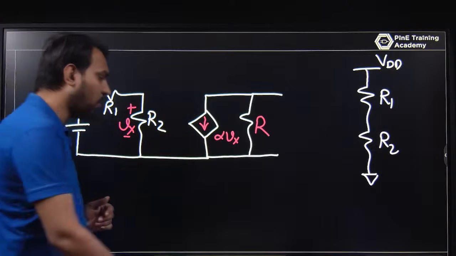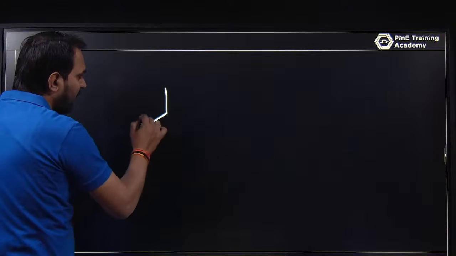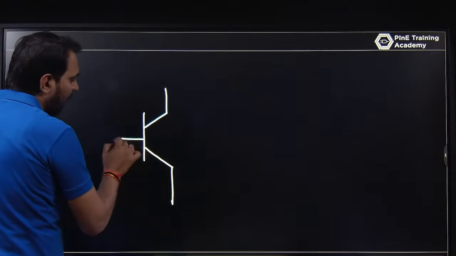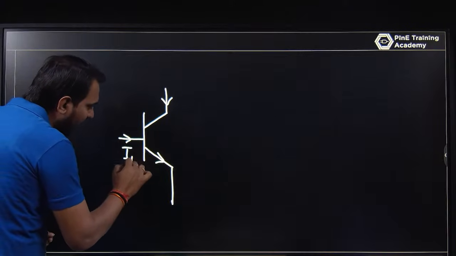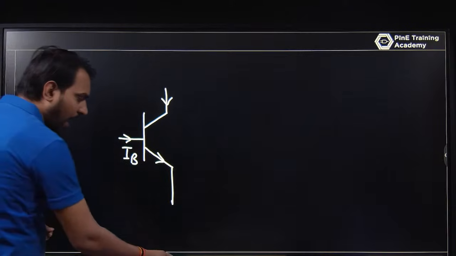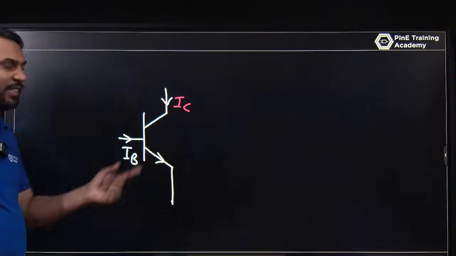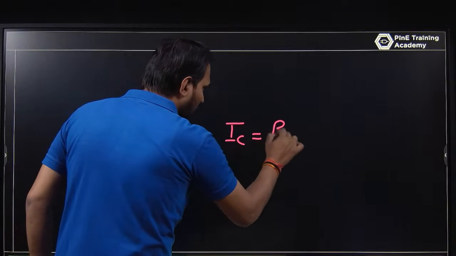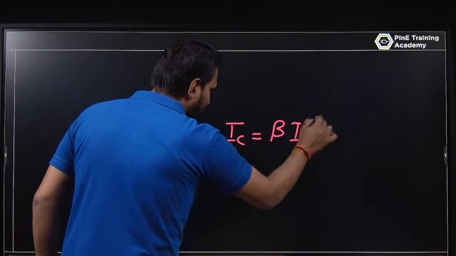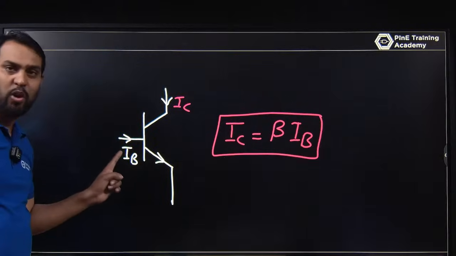Just like this, you can understand the BJT. In a BJT you have the base current IB, and you have IC. This IC is a representation: IC equals beta times IB.